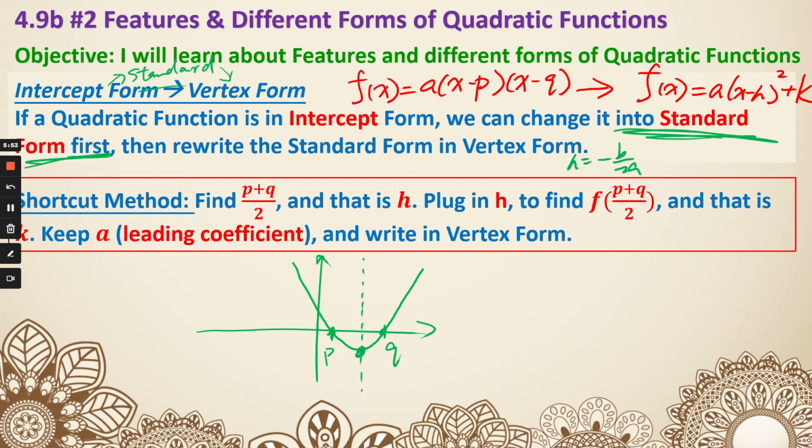So right in the middle, that is going to be p plus q over 2. That is why we are going to use that to find our h first. Then the rest is the same process as standard form to vertex form. We are going to plug that h into the function to find our k, then write it into vertex form as the final answer. Now let's see a few examples.